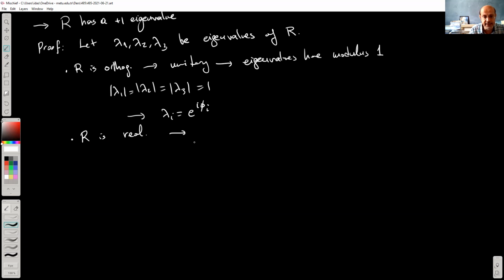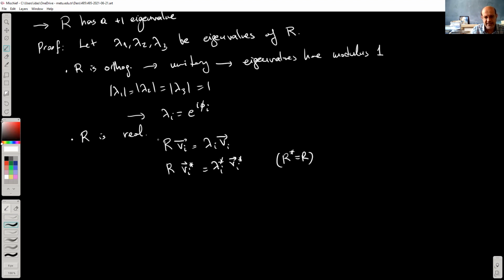Let's say it like this. Think of it like this. R applied on an eigenvector, let's say V_i, is equal to lambda_i times V_i. Take the complex conjugate of that equation. So that's lambda_i star V_i star. If you take the complex conjugate, R is already real, so its complex conjugate is equal to itself.